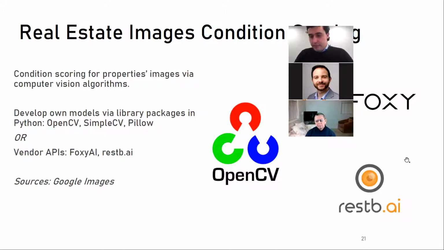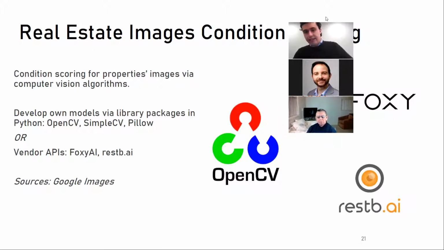I'm not associated, but they seem to be the leader in real estate property condition scoring for images. And then there's restb.ai. If you want to do it yourself, you have to build your own model in OpenCV in Python. And again, that's part of the point of this lecture for me. So all of those things are available.